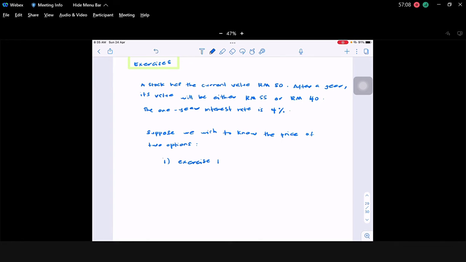Exercise price of 48 ringgit. Okay, so exercise price just sama maksud dengan strike price lah. So 48 ringgit.